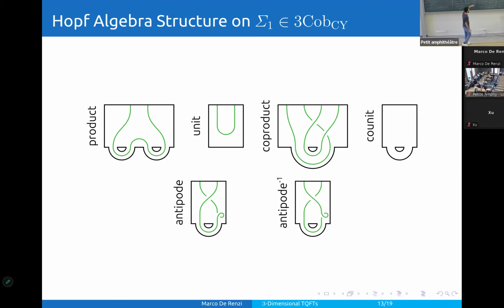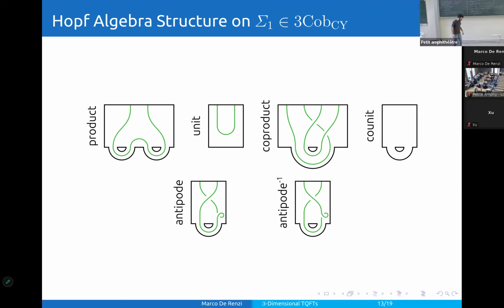So a ribbon category is a category that comes with a monoidal structure, a tensor product. You can tensor together objects and morphisms. A braiding, a natural morphism between the tensor product and the opposite tensor product. And duality, which allows you to orient edges in the diagrammatic calculus, with the convention that an upward oriented strand represents the identity on an object, and if you orient it downwards, you are representing the identity of the dual object.